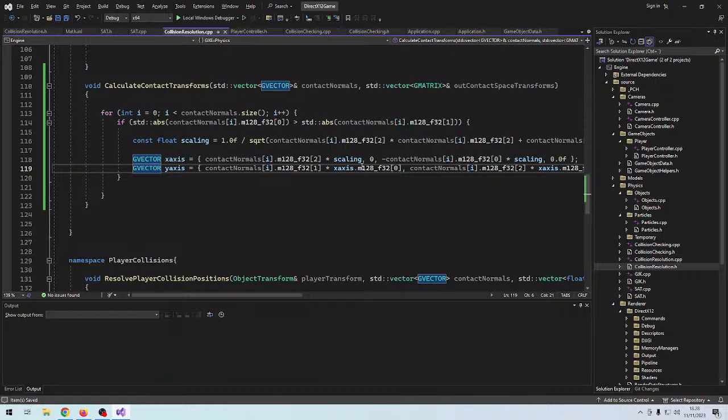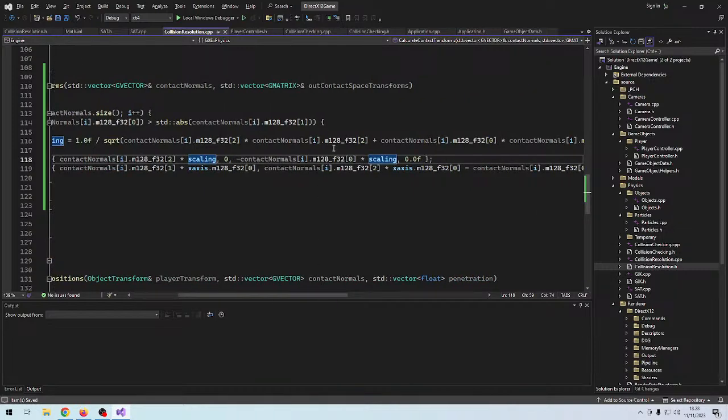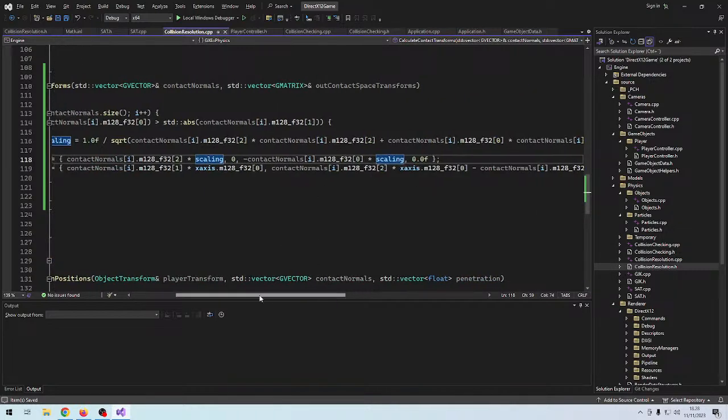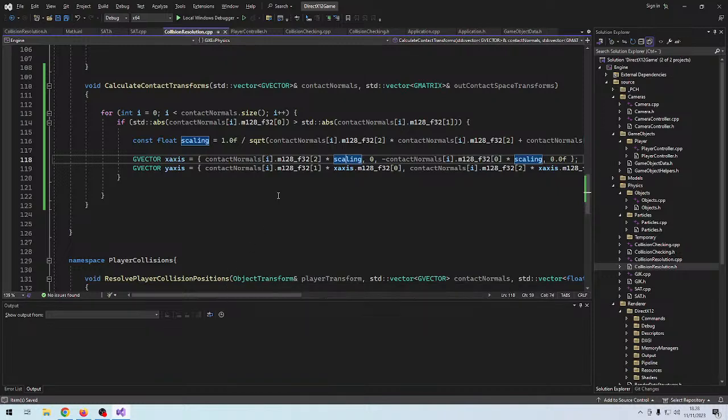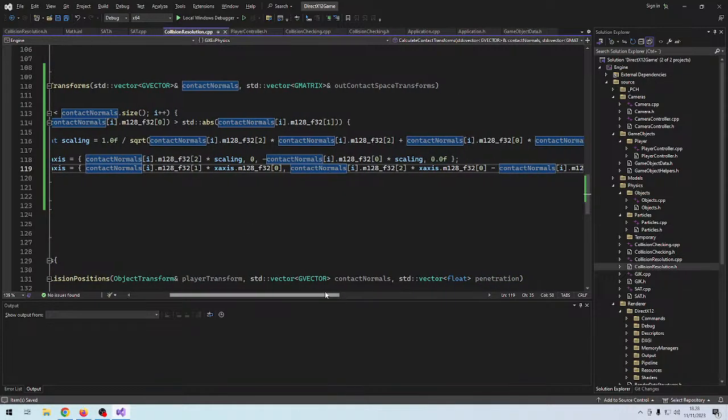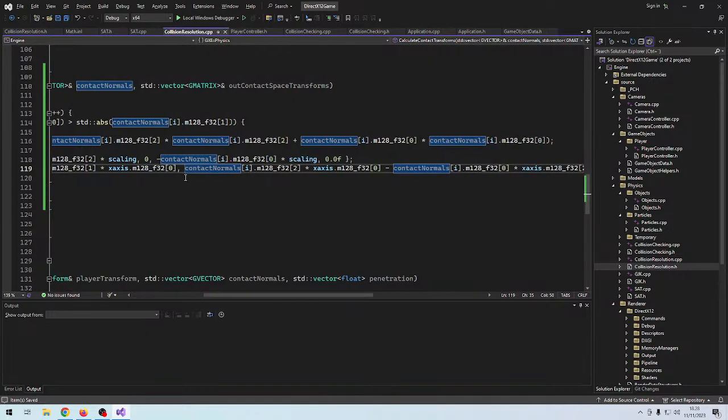All right, let's just check this. So the first one has the c component scaled, then it has a 0, then it has the negative x component of the contact normal times the scaling factor, and we have the contact normal y times the x component of the x-axis, then the second component here.